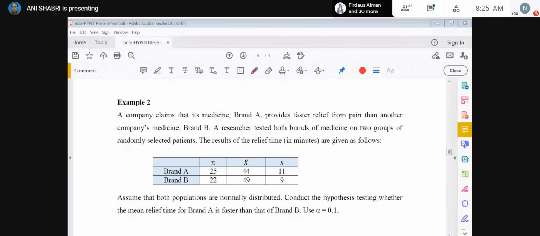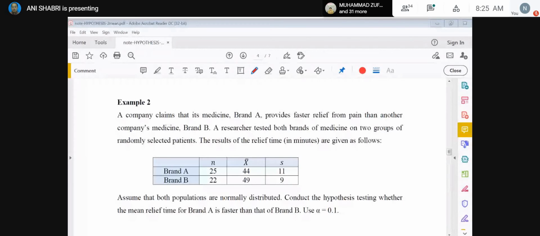The results of the relief time in minutes are given as follows. Brand A, n is equal to 25, x bar is 44, s is 11. Brand B, n is 22, x bar is 49, s is 9. Assume that both populations are normally distributed. Conduct the hypothesis testing whether the mean relief time for brand A is faster than that of brand B. Use alpha equal to 0.1.